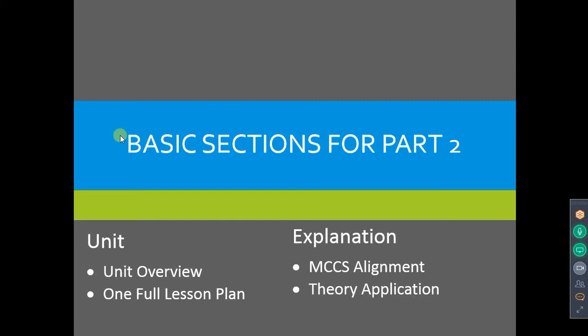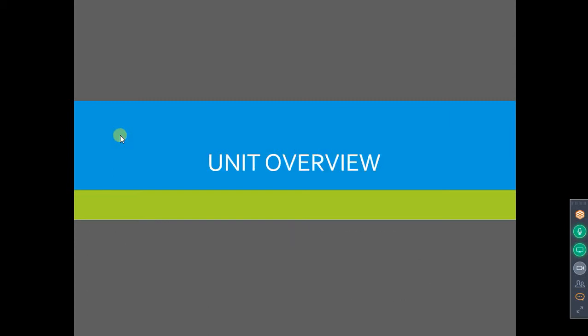So I'm going to go through the overview page for the unit, and then the instructions for the lesson plan to highlight things that either are commonly misunderstood or are more or less important.